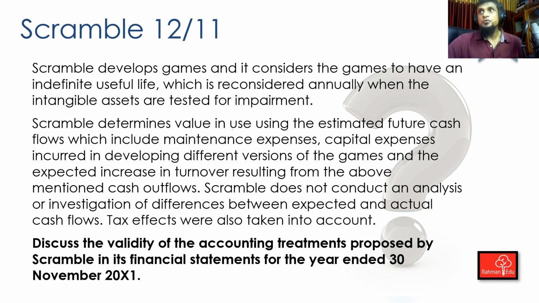Scramble determines value in use using the estimated future cash flows, which include maintenance expenses. Good, fine. Then capital expenses incurred in developing different versions of the game and expected increase in turnover resulting from the above mentioned cash outflows.